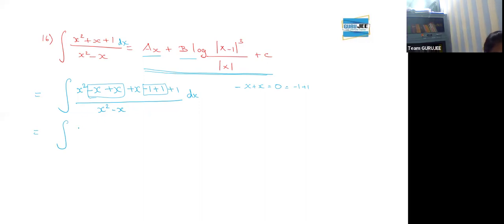x square minus x. I'm taking these two plus. I'm adding these two x's. It becomes 2x. If I have minus 1 along with 1, again it will become 0.